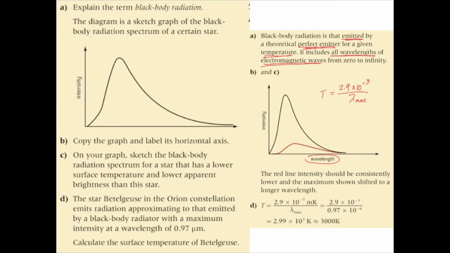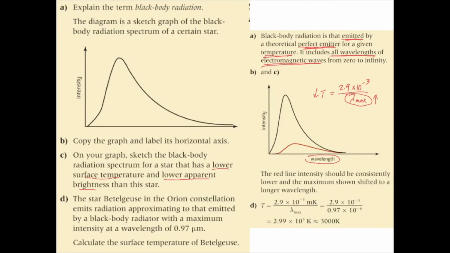Now, if the temperature is lower, because it says a lower surface temperature, what needs to be true about our maximum wavelength? Well, in order for that to be a low number, this needs to be higher, okay?